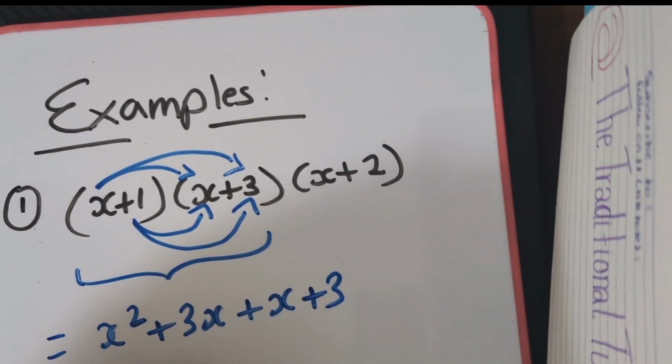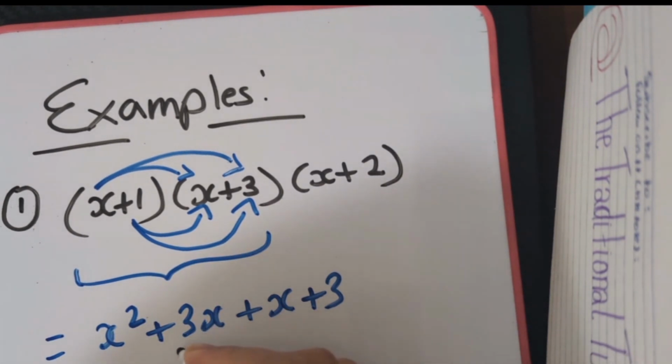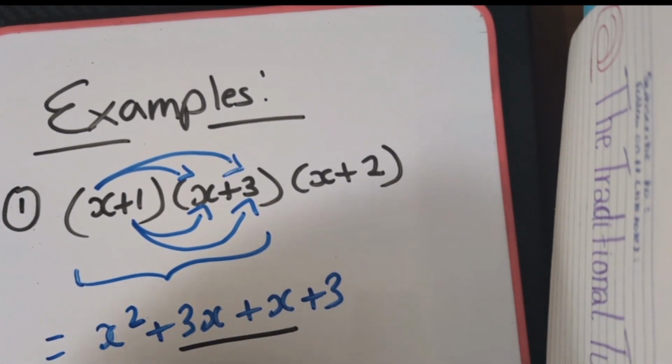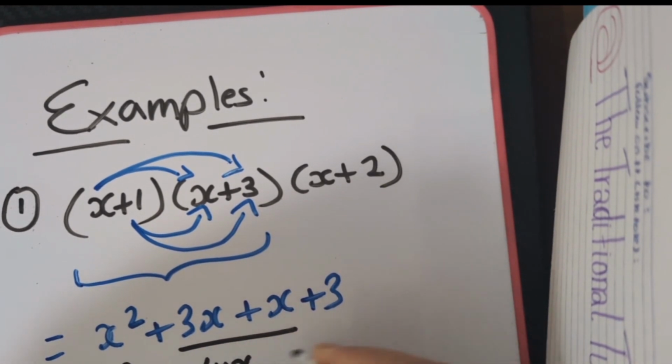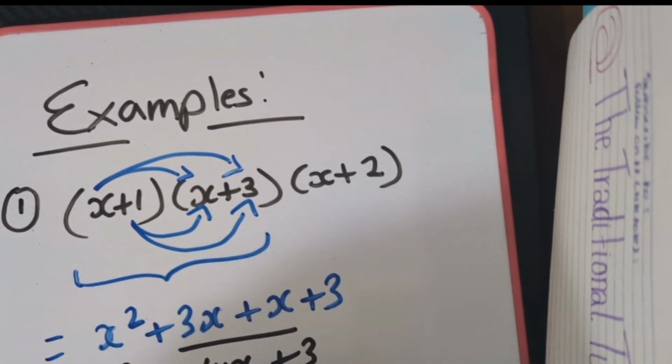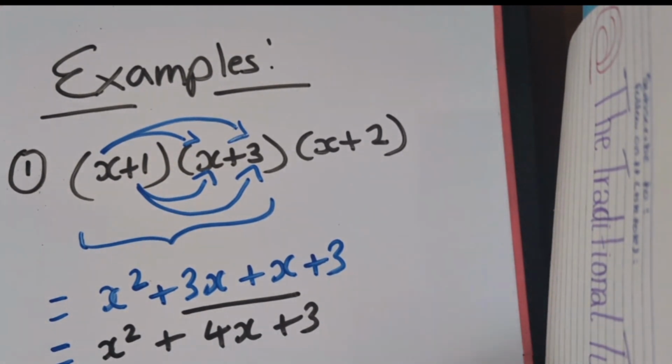Now I need to remember to collect my like terms. Hence my answer is x squared plus 4x plus 3, because 3x plus x is 4x. So that bit is done, but remember we're not done yet.